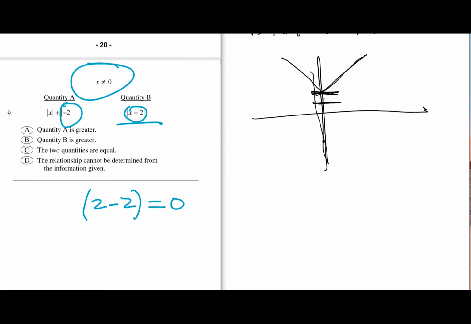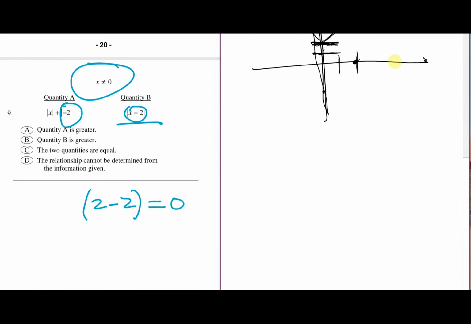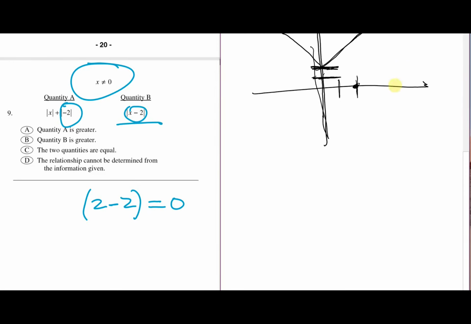The function's 0 when x equals 2, because remember, absolute value cannot be negative. 0 is the minimum value, unless you're taking minus some value b. If we take this whole thing minus some value, that changes the y direction. But whatever's inside the absolute value function is always greater than or equal to 0.